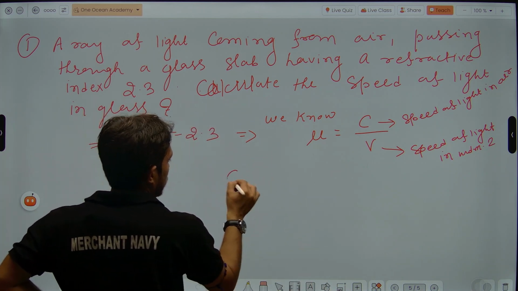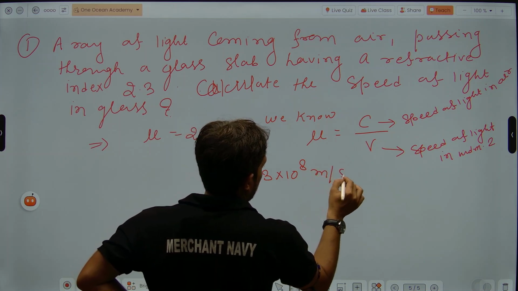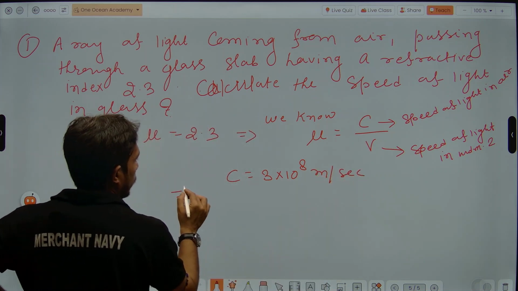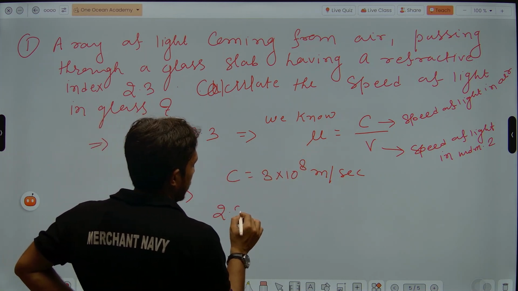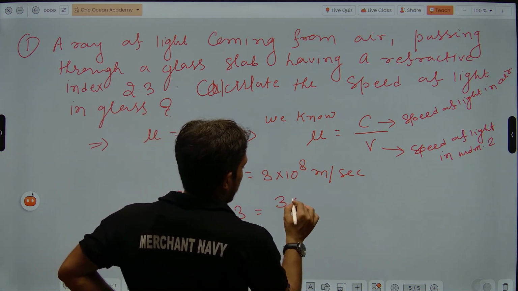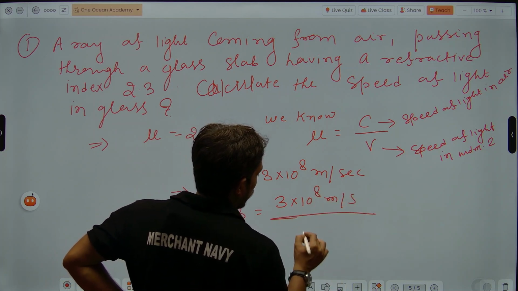As we know, C is equal to 3 into 10 to the power 8 meter per second. On putting the values, 2.3 is equal to 3 into 10 to the power 8 meter per second upon V.